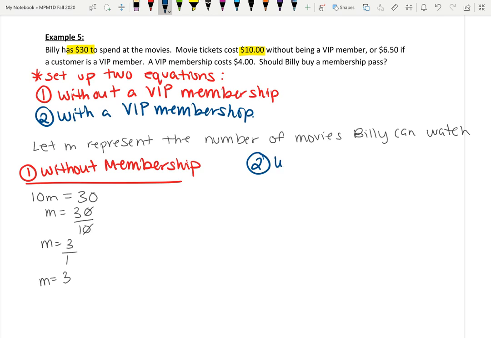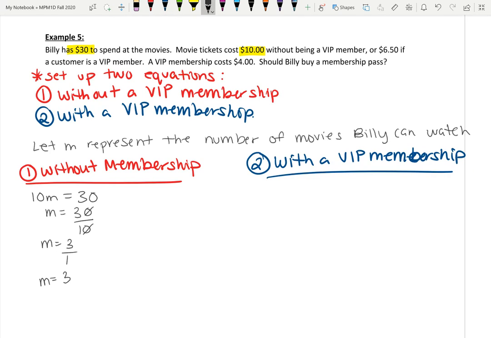Equation 2, with a VIP membership. Okay, so Billy still has $30 to spend. So that's going to be on one side of the equal sign.